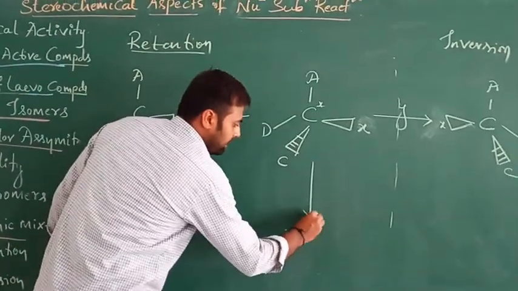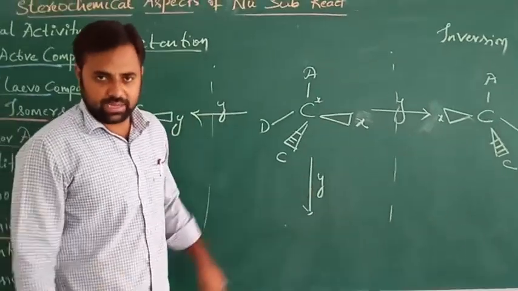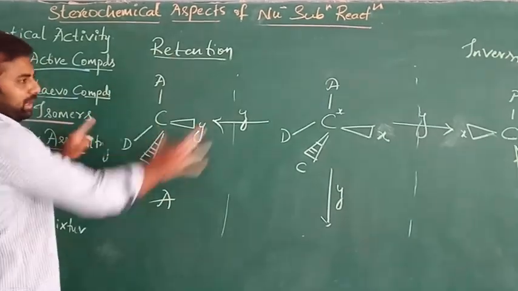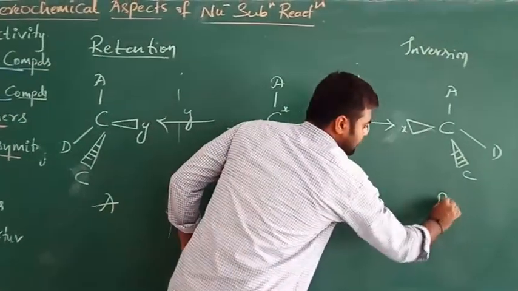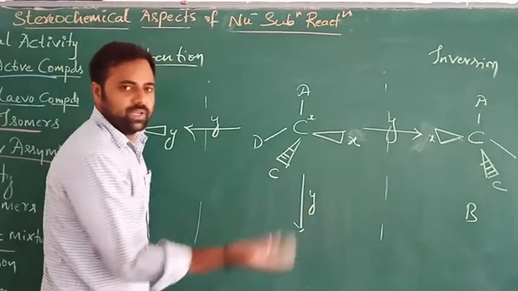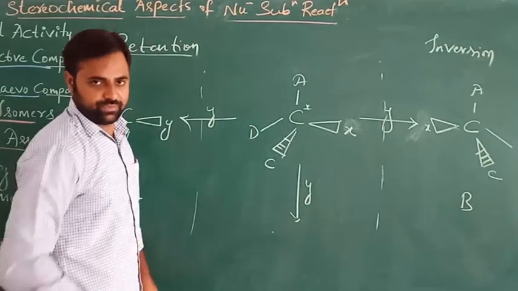Suppose the same molecule undergoes another substitution reaction, and I call the products A and B. Suppose the third possibility is there. This molecule will undergo some kind of substitution reaction.